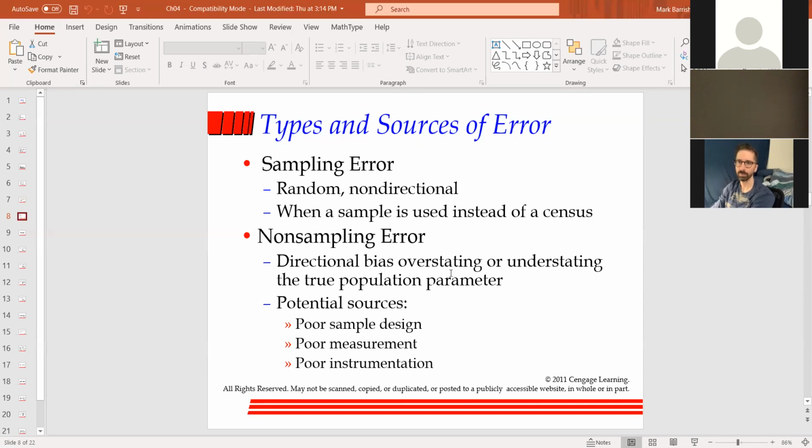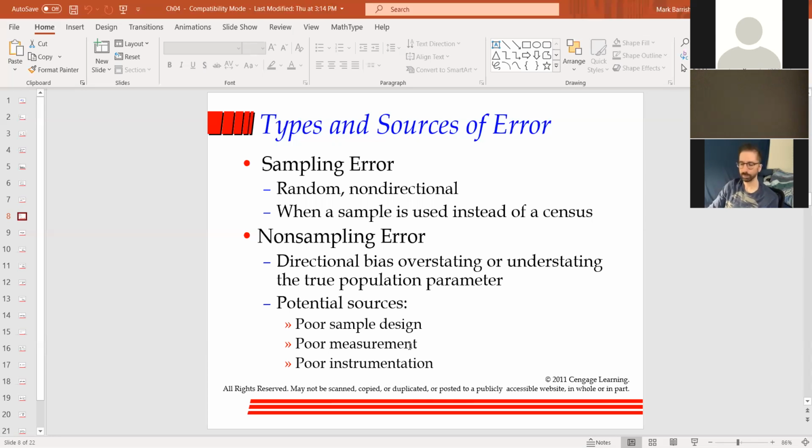Well, if the scale you're using wasn't perfect, maybe if you have nothing on the scale, it doesn't show 0, it shows maybe 2 pounds, right? So it's slightly off. That's an example of non-sampling error, because everybody is going to look 2 pounds heavier than they really are.